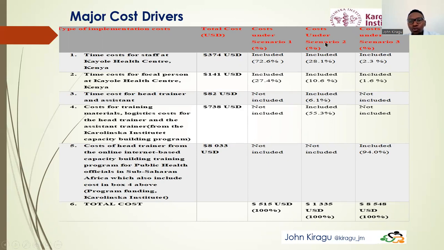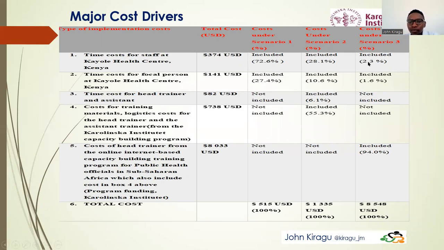In scenario 2, which is in column 4, the major cost driver was the cost of hiring a trainer from a capacity building program, and the cost of facilitating that trainer to come and lead this change, the change of the midwives being trained on the 3 techniques of care and adopting the practice for 12 weeks.